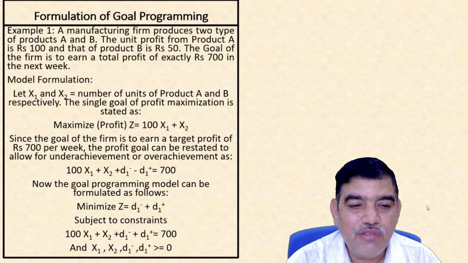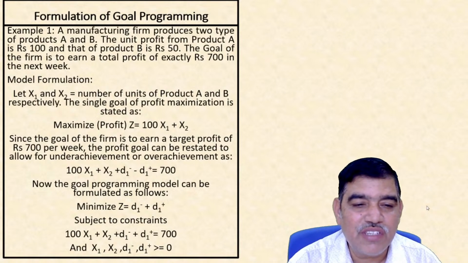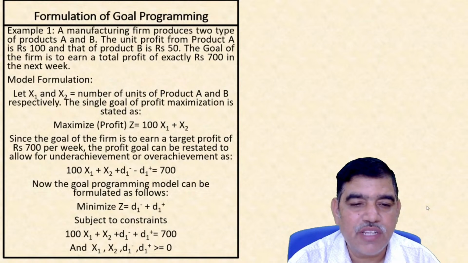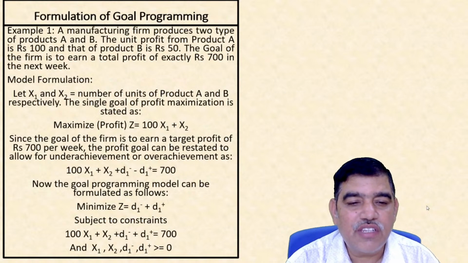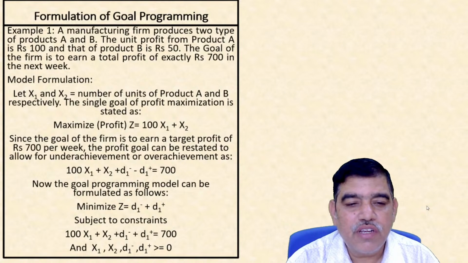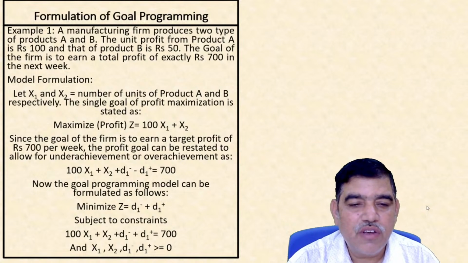In LPP, we use similar variables, named slack variable or surplus variable, added in the constraints for the equality conditions. But here I am writing the equation: 100x1 plus 50x2 plus d1 minus minus d1 plus equal to 700.